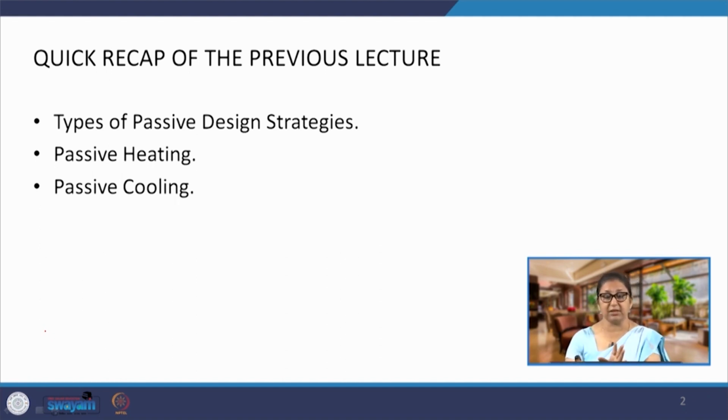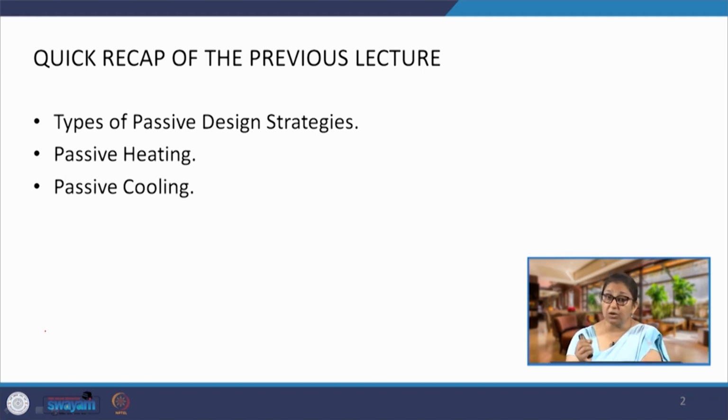Earlier we were looking more at design strategies and some construction strategies, but here we are looking at strategies which, other than the building that is going to be constructed, are going to be added on top of that, but will work passively only.